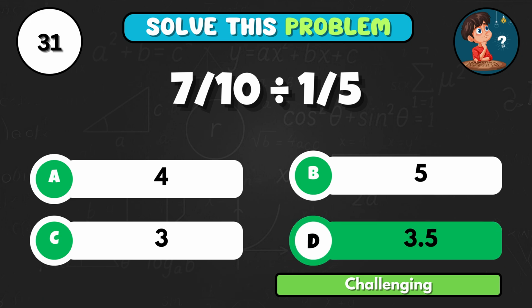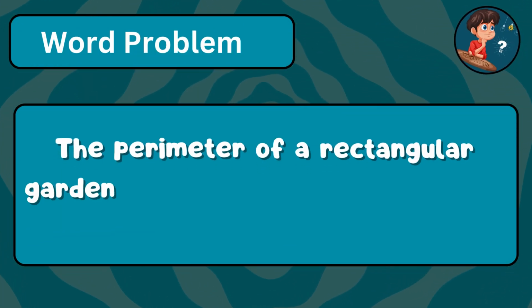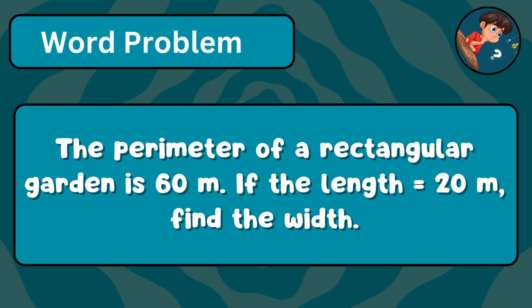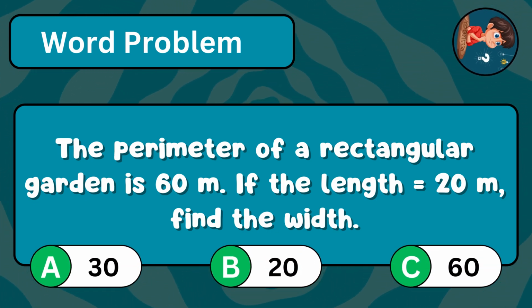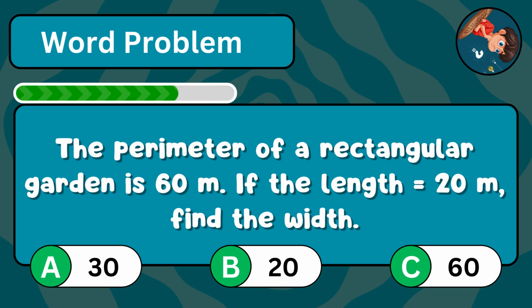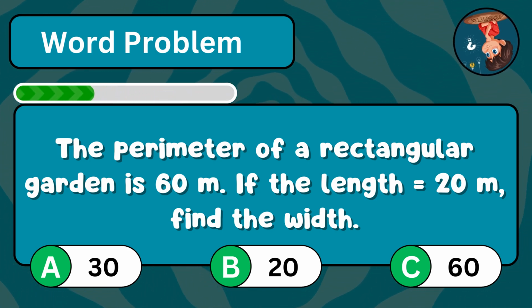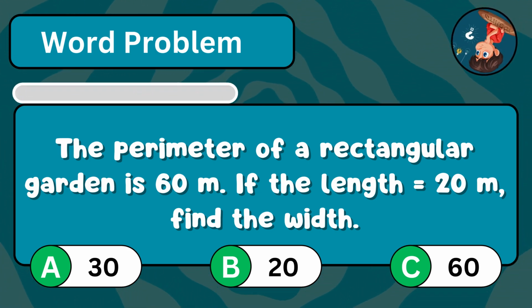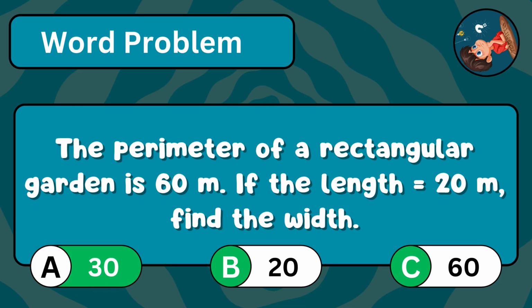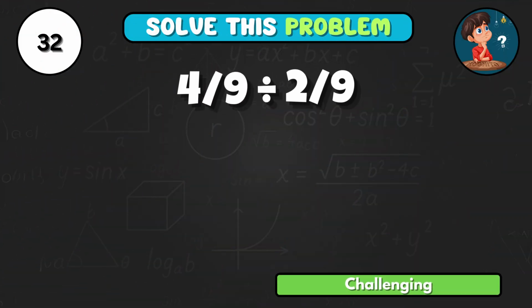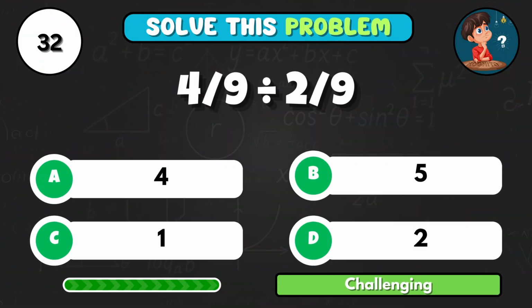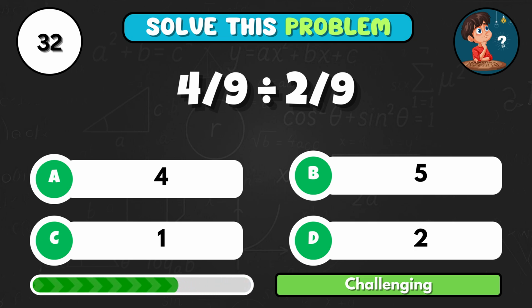That's D, 3.5. Four ninths divided by 2/9 equals what?